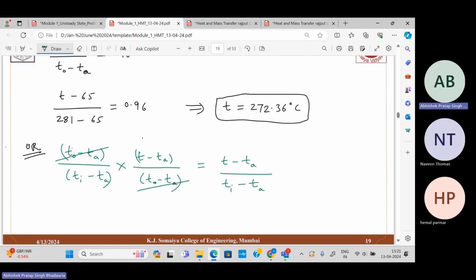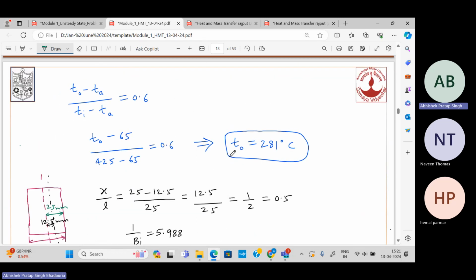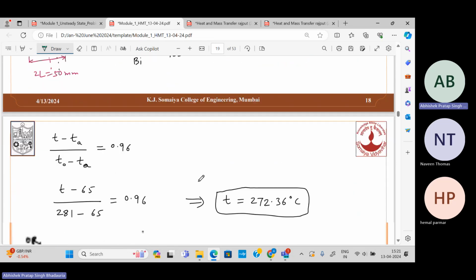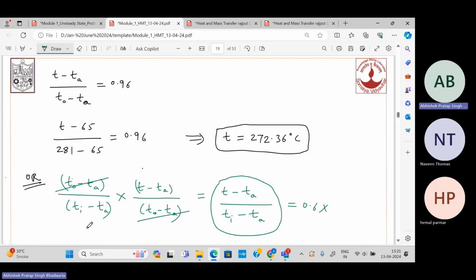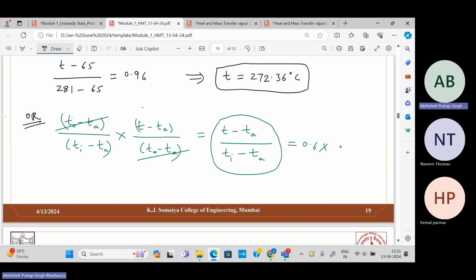So we'll get (T minus Ta) divided by (Ti minus Ta). Okay, so we can find all these values. The value of (T naught minus Ta) divided by (Ti minus Ta) was 0.6. Okay, we got this value, and this value is nothing but this factor. This factor is 0.6, multiplied by (T minus Ta) divided by (T naught minus Ta), which is 0.96. Now Ta is known to us, it is 65.